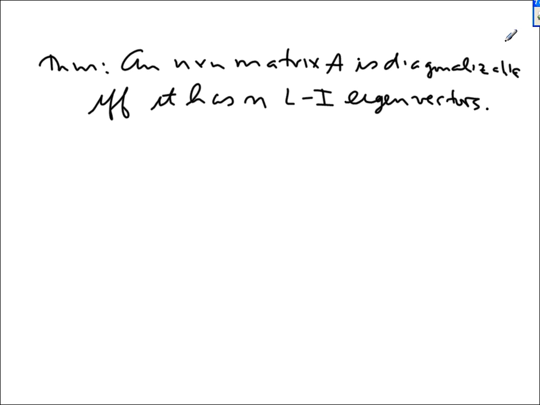Okay, so you calculate the eigenvectors of A, and if they're all linearly independent, then A is diagonalizable. But that's nothing.